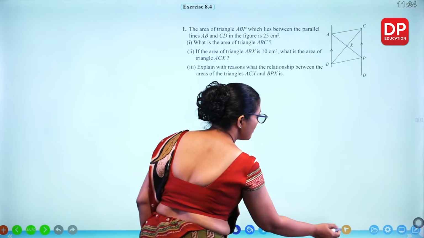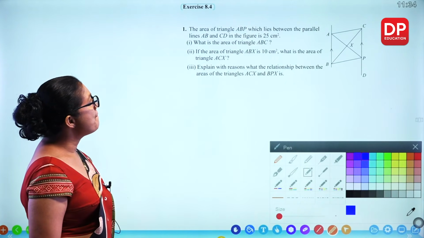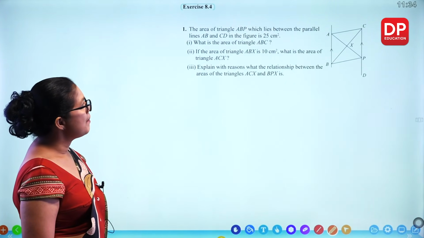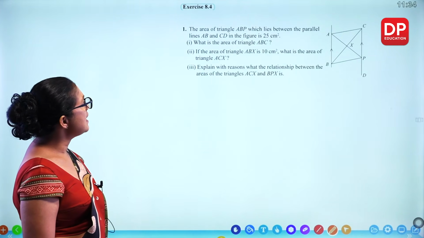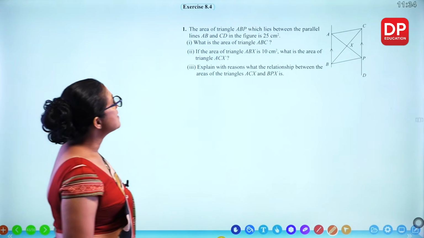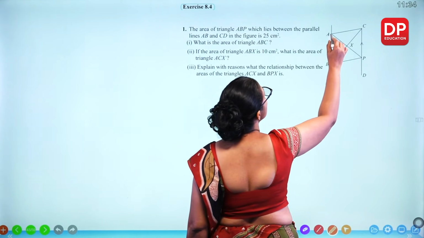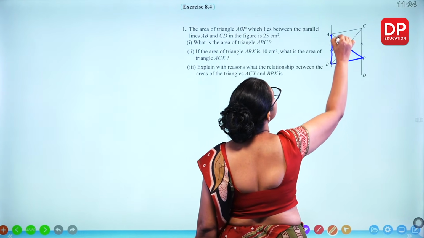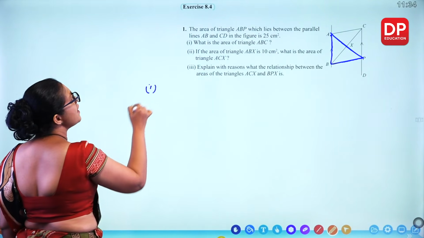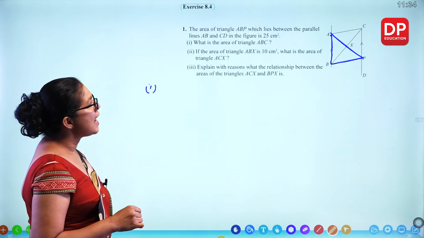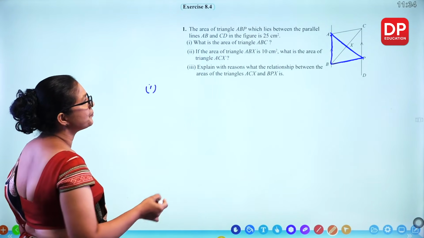First question, the area of triangle ABP, which lies between the parallel lines AB and CD, and it says it's 25. APB, this triangle is given 25 square centimeters and you are asked to find out the area of ABC. What can you say about the area?